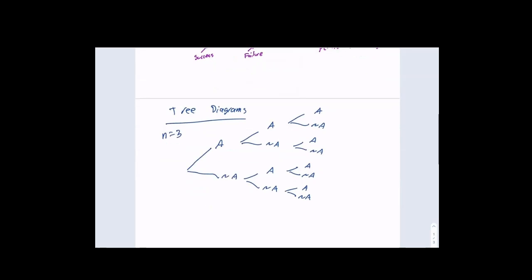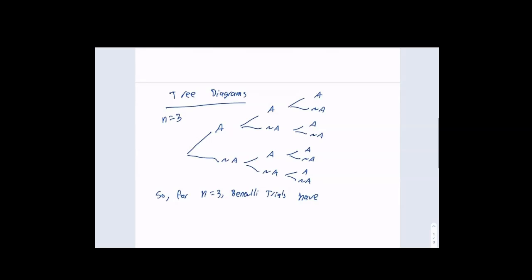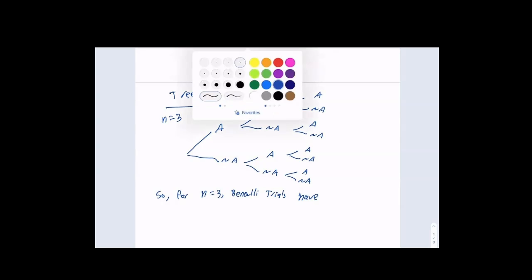So how many different outcomes can we have for n equals 3 for Bernoulli? We count them.